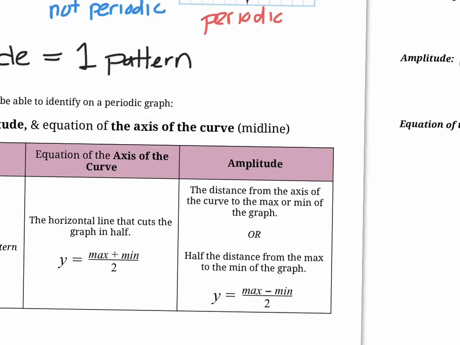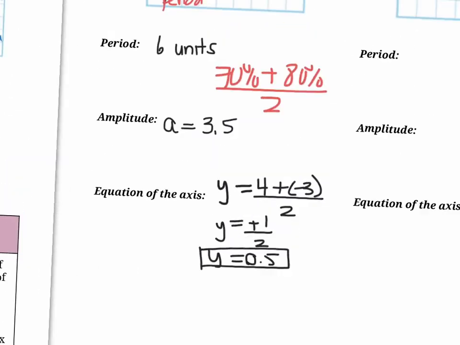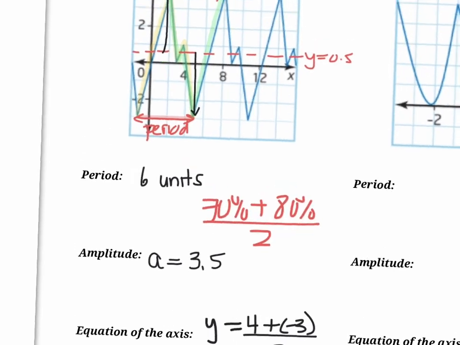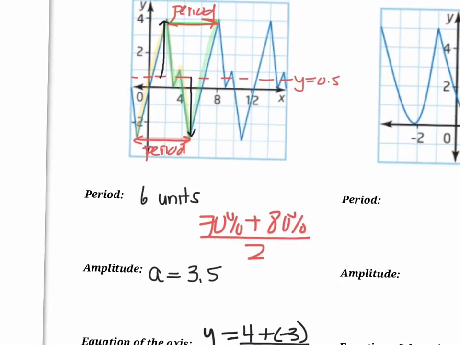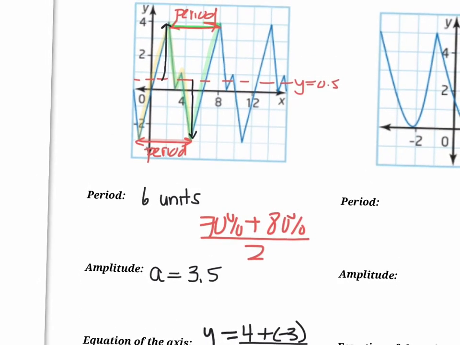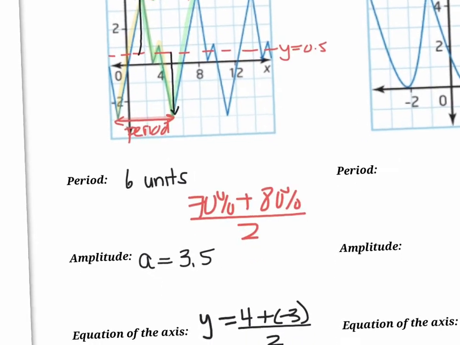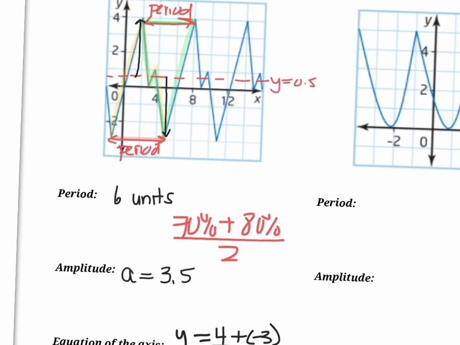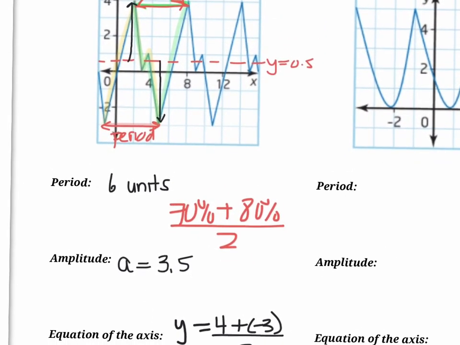So we figured out just by logic that the amplitude was 3.5 just by counting the squares. Let's make sure that the equation works for that. It gives us the exact same answer as well. So I'm going to copy the equation. The amplitude is equal to the max minus the min divided by 2.